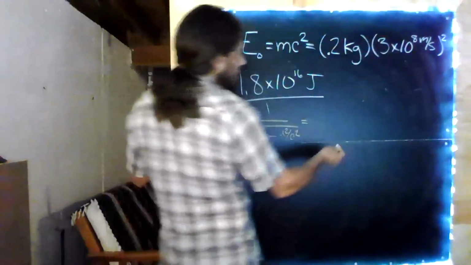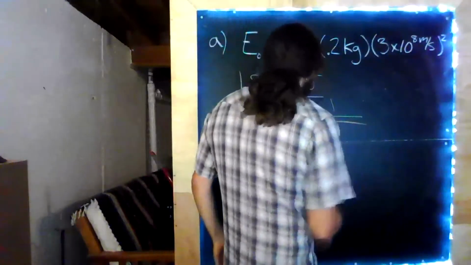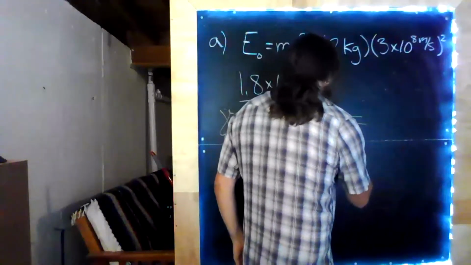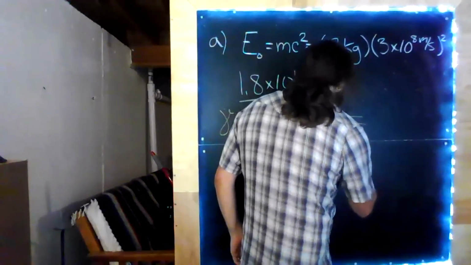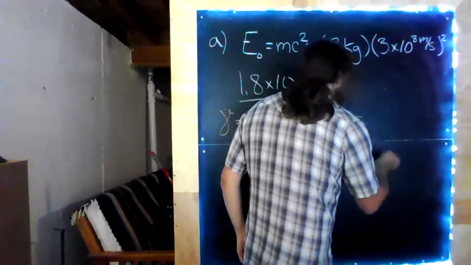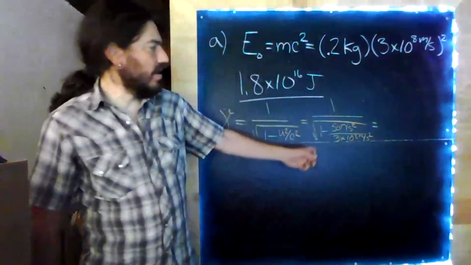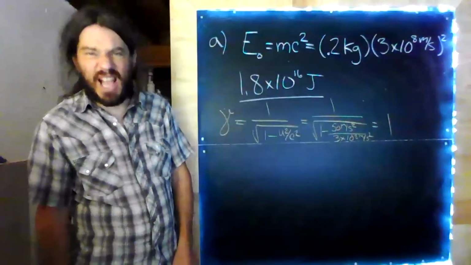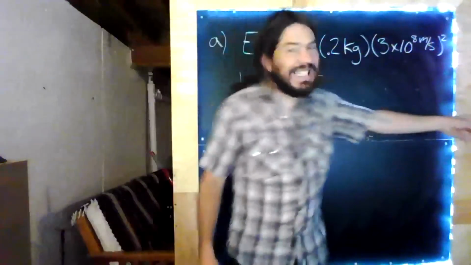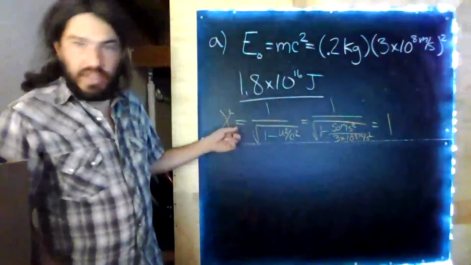Plugging this in, 1 over the square root of 1 minus u squared, which is 50 meters per second, divided by 3 times 10 to the 8 meters per second squared. You run your calculator on that, and guess what you get? You get 1. It's not exactly 1, but you have to go 14 decimal places to find a difference between 1 and the actual value of gamma.